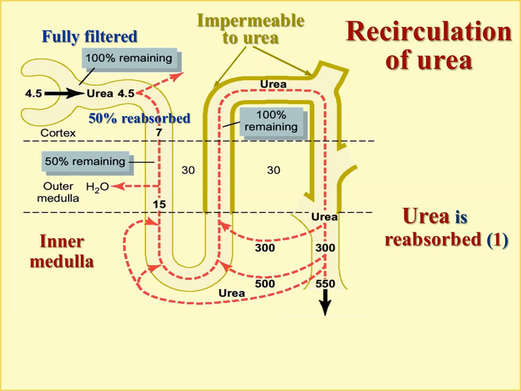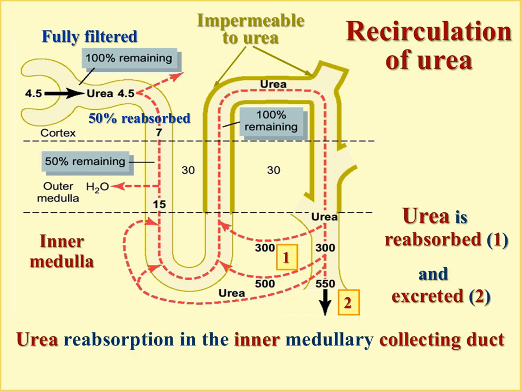So part of urea is constantly reabsorbed, and it helps to maintain a hypertonic interstitium, which contributes to water reabsorption in both the descending part of the loop of Henle and also in the lower part of the collecting duct, and part is excreted.